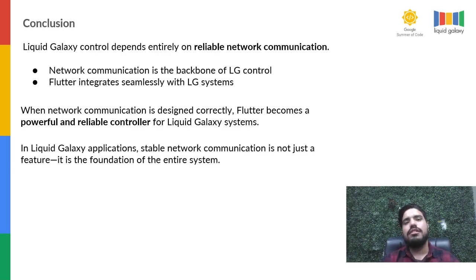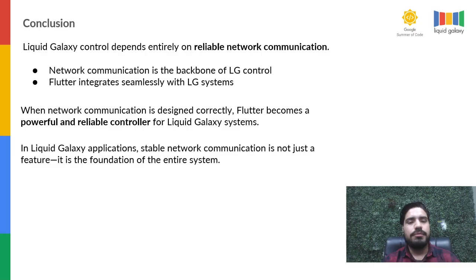So now it's time to jump to the conclusion. As I already told you, Liquid Galaxy depends entirely on reliable network communication. If the connection between the Flutter app and Liquid Galaxy is not good, then we can't execute our commands and we can't connect our Flutter app with the remote system.